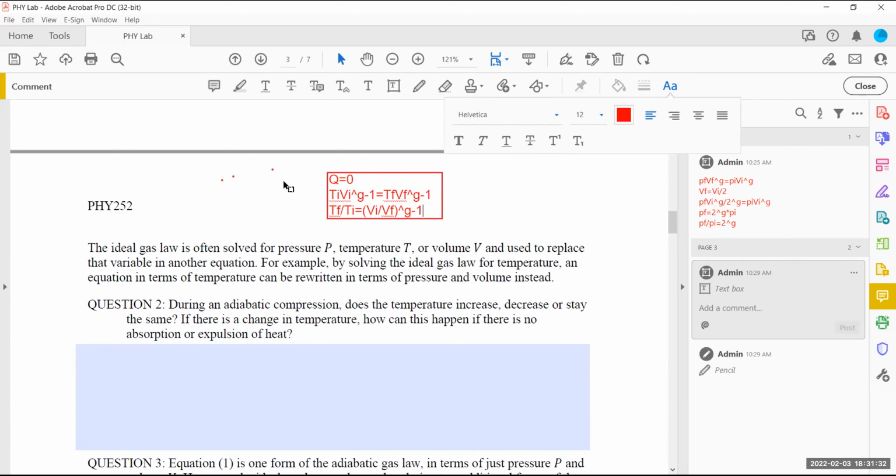Remember VI is more than VF, so the ratio is less than 1, but you're increasing it to a power that is less than 1. So we're going to look at this expression, for example, for a monoatomic gas, how much it is, for a diatomic gas, how much it is, and for a polyatomic gas, how much it is. And you tell me, does the temperature increase or decrease? And of course, it's going to change. It's not going to be the same, albeit Q is 0.